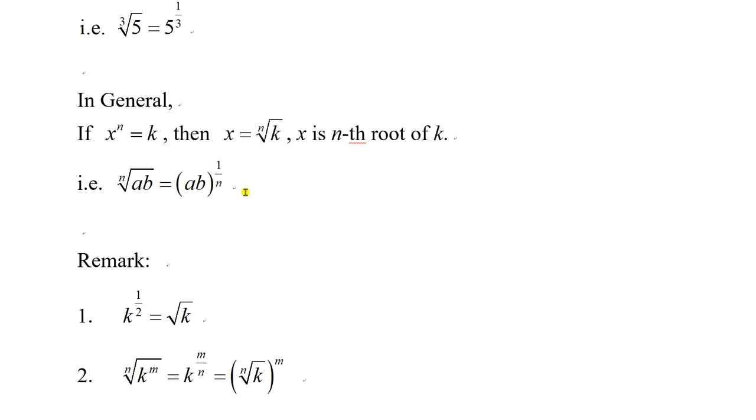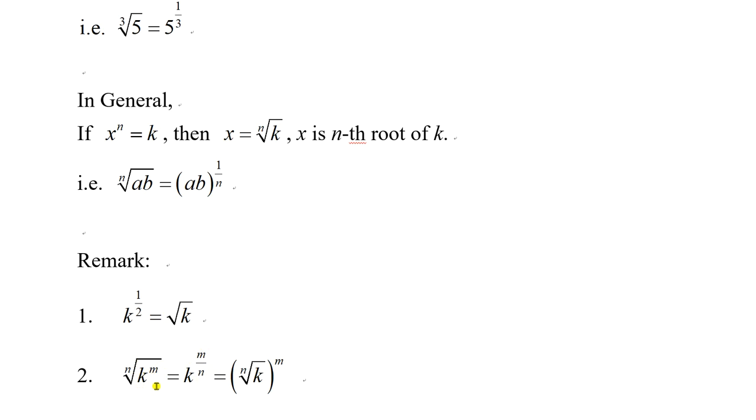Okay, so there are some remarks. If we consider k to the power 1 over 2, we usually just write square root k. We would not write 2 on the top left hand corner. Just square root k, that means k to the power 1 over 2. Second, if there's a power inside the root sign, that means we multiply it to the numerator of the index.